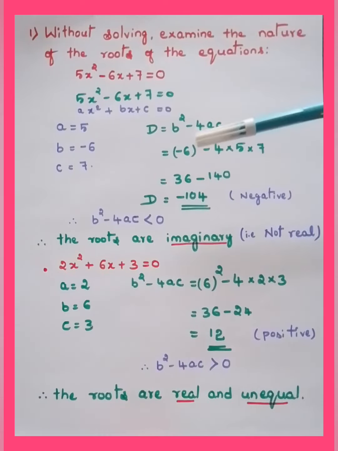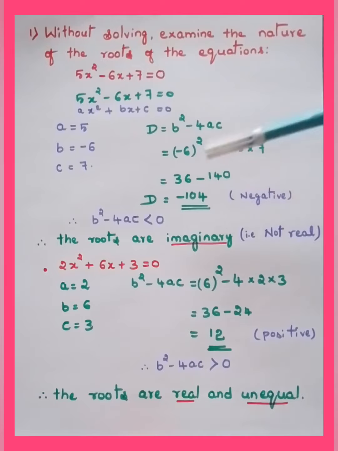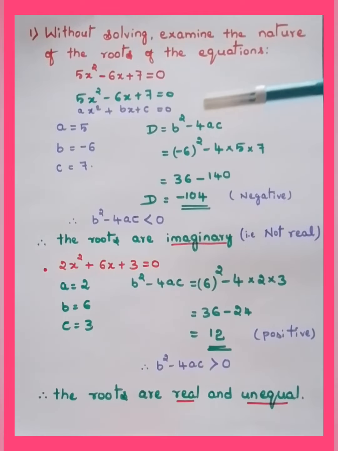Substitute the values: minus 6 whole square minus 4 into a value 5 into c value 7. 6 square means don't multiply 6 twos, it is 6 into 6. So 6 sixes are 36, and minus into minus is plus. On multiplying 4 into 5 into 7 we get minus 140.